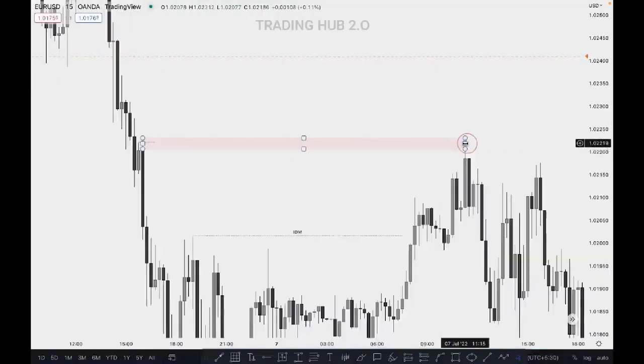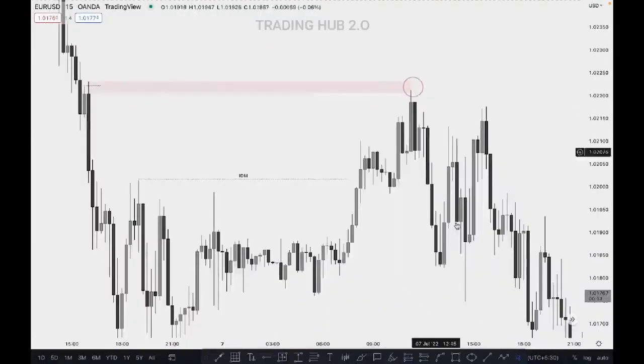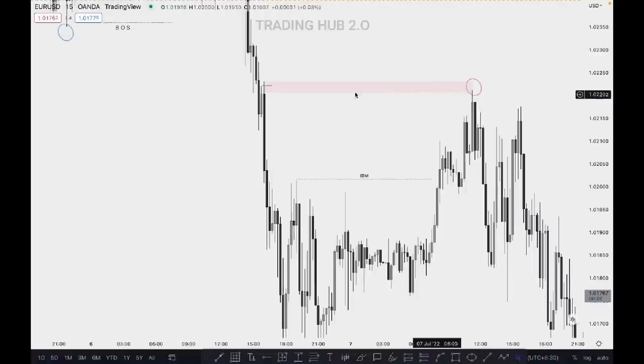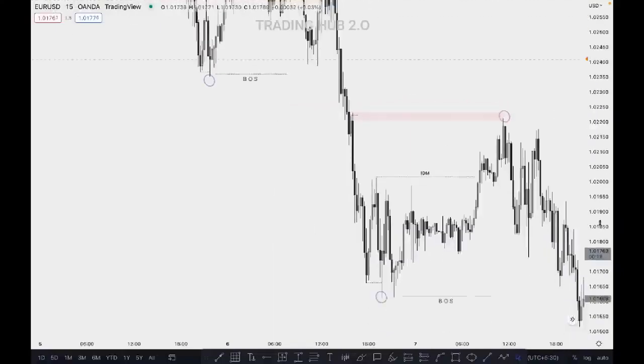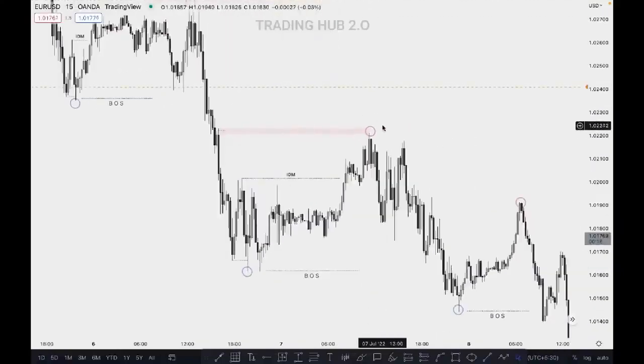That's why the market tapped on this extreme supply zone and then pushed downside. At this point we can switch into the M1 chart to see exactly what the market is giving you. Once the market taps on this supply zone, you can switch into M1 at this point, not here.